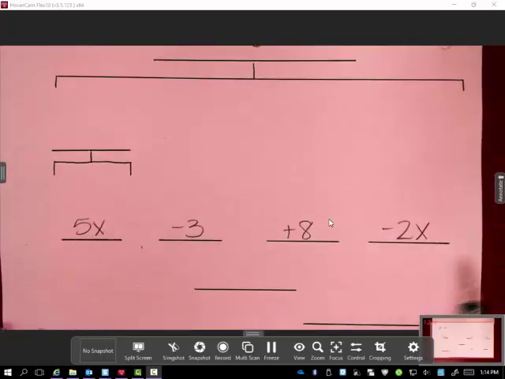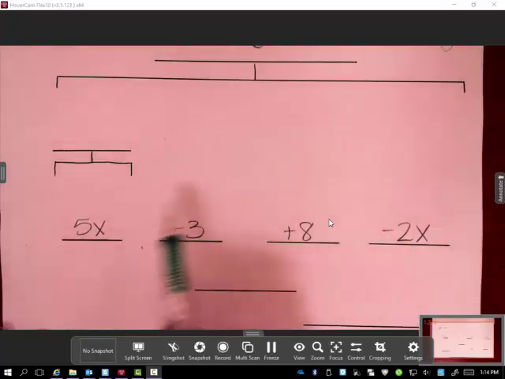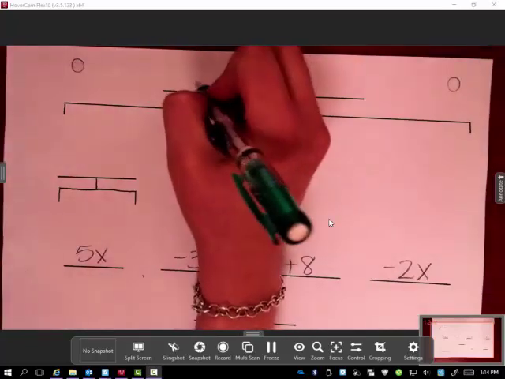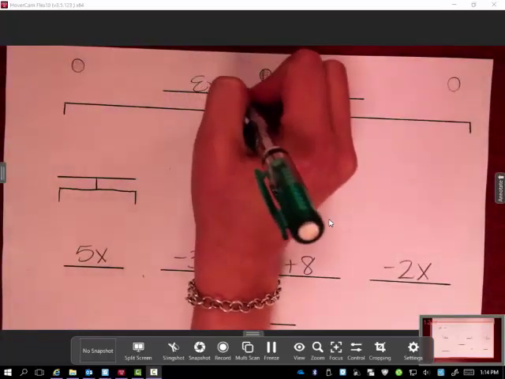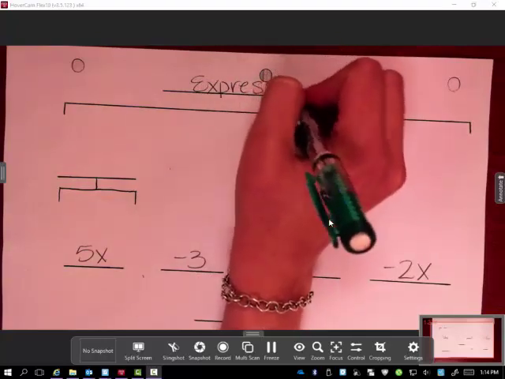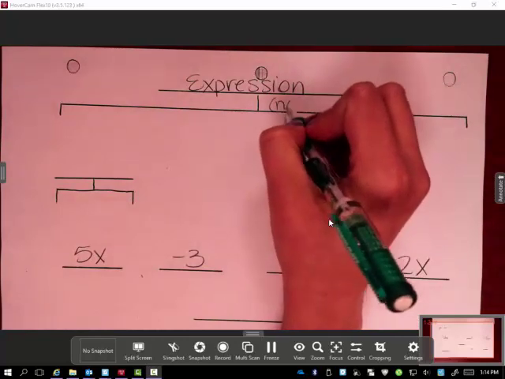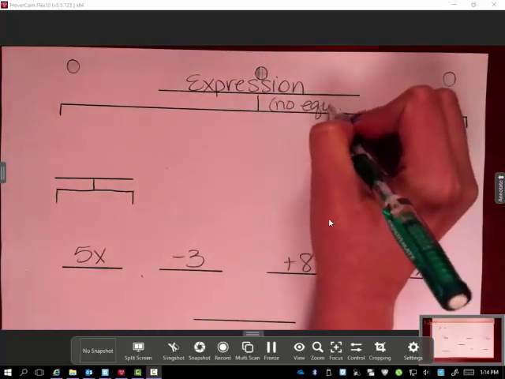What is this whole thing called? Expression. Is it an expression or an equation? Expression. How do we know it's an expression? There is no equal sign. So fill in expression at the top. Right here in parentheses, we're going to write no equal sign.